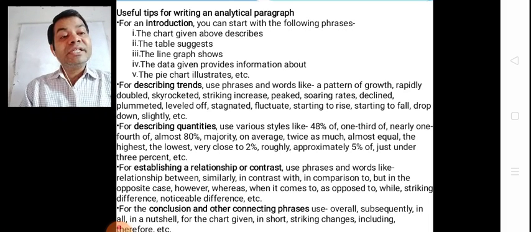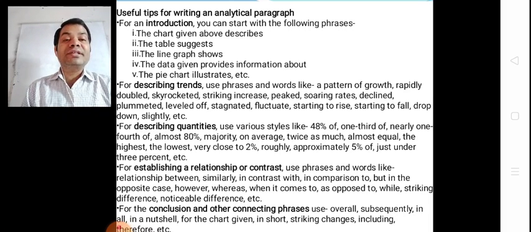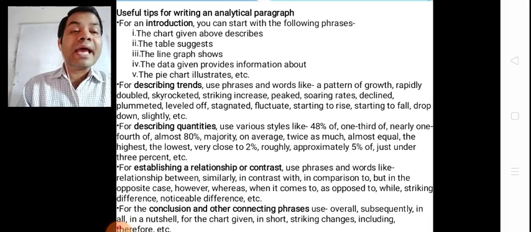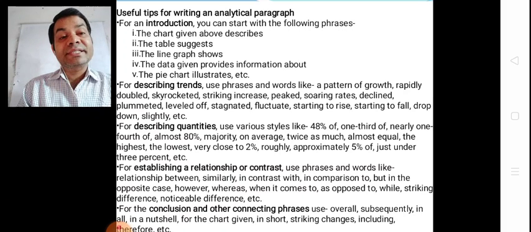So we have seen how we can start writing such paragraphs and how we can describe the quantities.